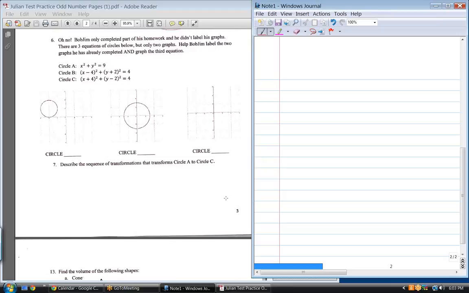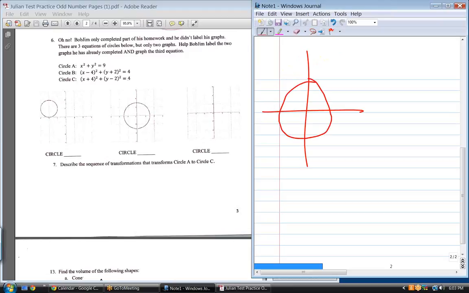What else? Its radius is going from 3 to 2. In other words, not just a translation, because they're talking about circle A, which had a radius of 3, and they're transforming it into circle C, which has a radius of 2.